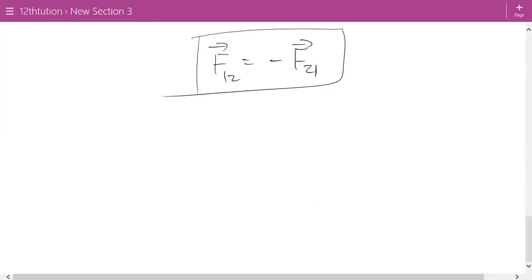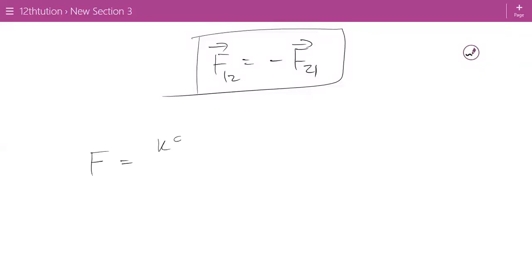So that is the force due to point charge. Mainly, you need to know at least this formula. I'm not saying that you should only remember this one. F, the Coulombic force, is equal to K Q1 Q2 by R square. That you must know, where R is the distance between these two charges and Q1 and Q2 are the charges.